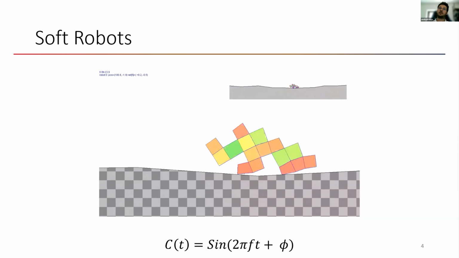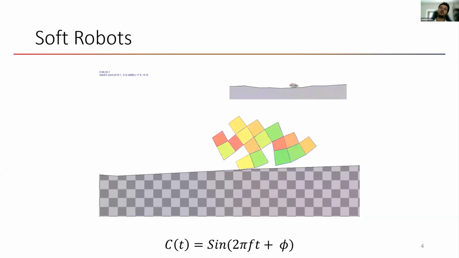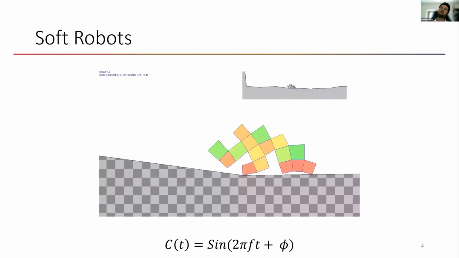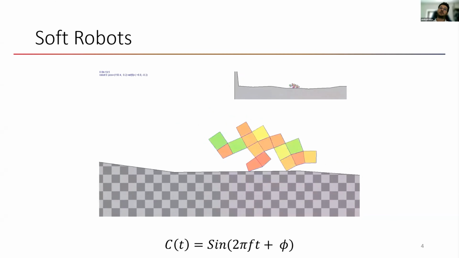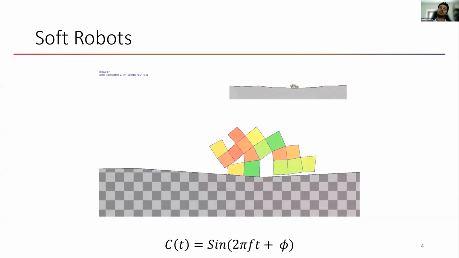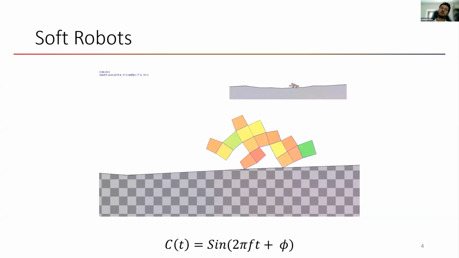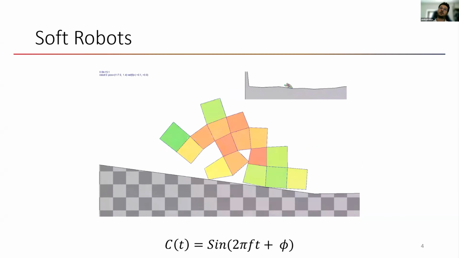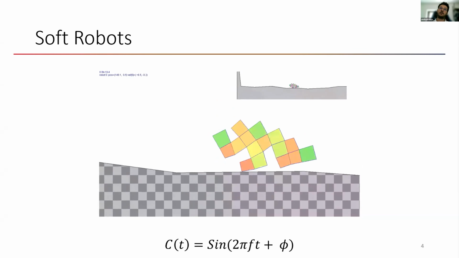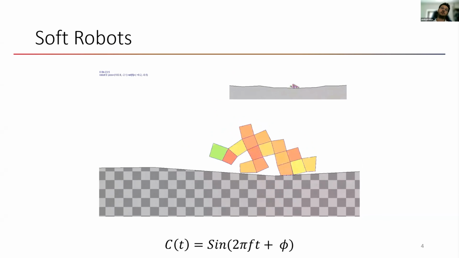The external force is due to the expanding or shrinking of other voxels or the collision with the terrain, while the internal force is the controller that directly makes the voxel expand or shrink. In this work, we use an open-loop controller that follows a sinusoidal function that depends only on time, which is the one in the figure.